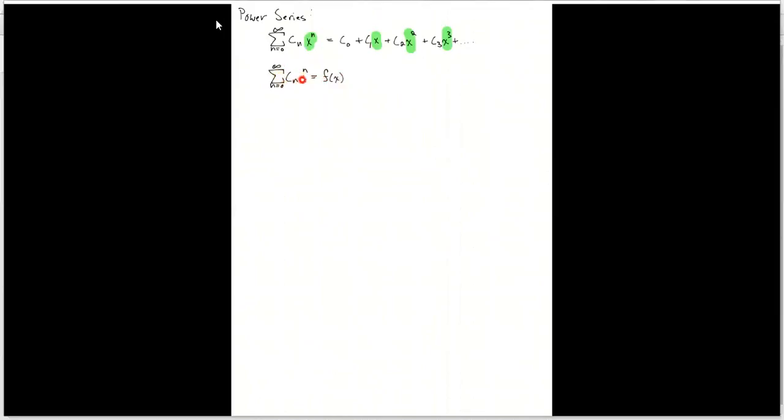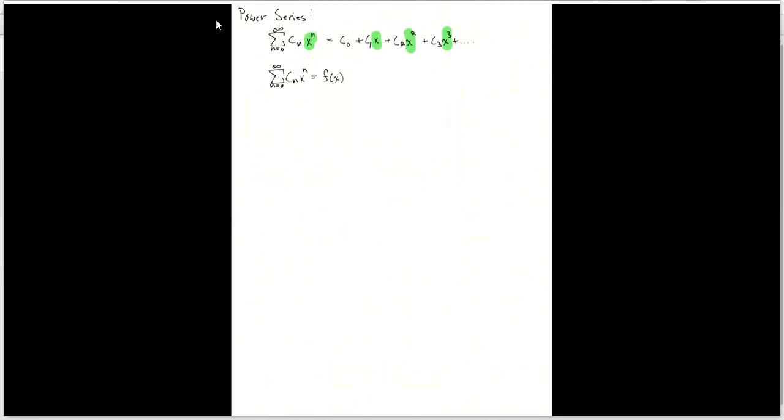It might depend on what x value you input, right? So let's put C_n's equal to 1, always 1. So we have 1 plus x plus x squared plus x cubed. That looks a lot like the geometric series, right? And we know that it's convergent as long as x is between -1 and 1.